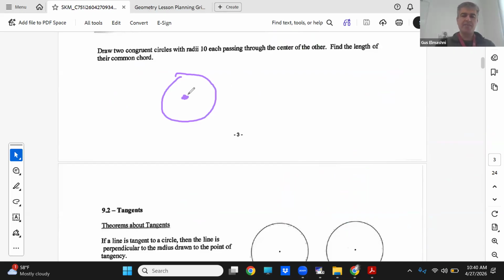Okay, that's confusing. It's kind of like the Olympic rings emblem. I'm really struggling here to draw this. Okay, well, that's the best I'm going to do right now. So let's say find the common chord.